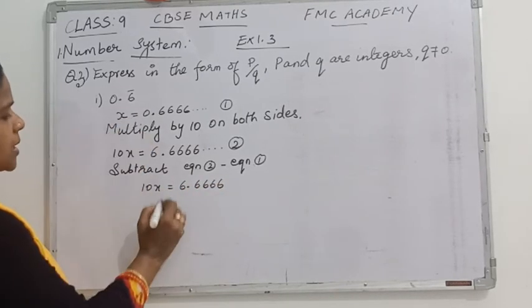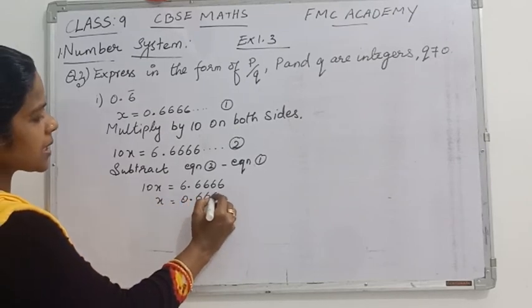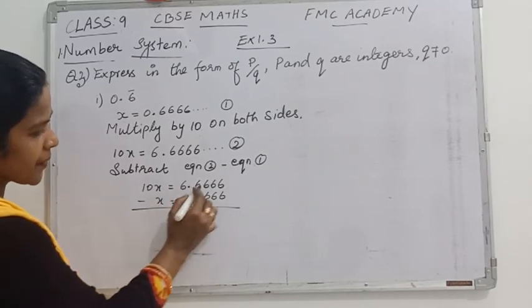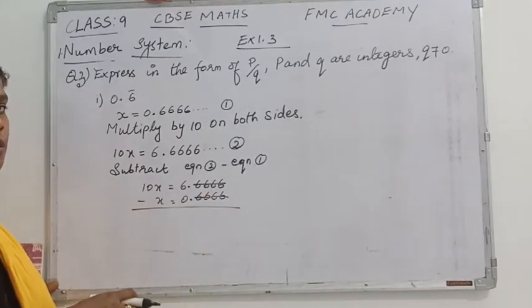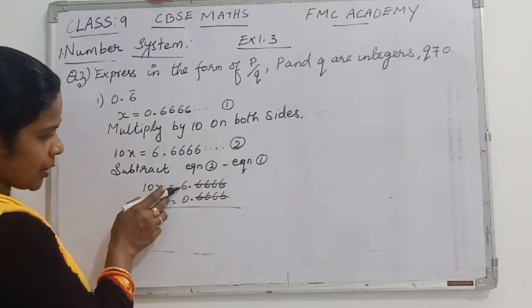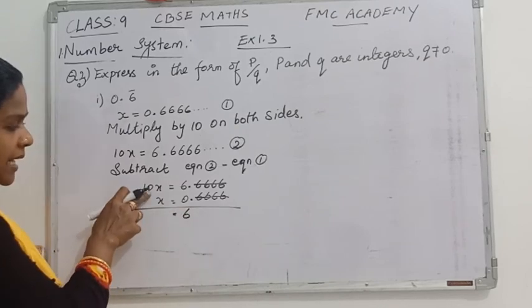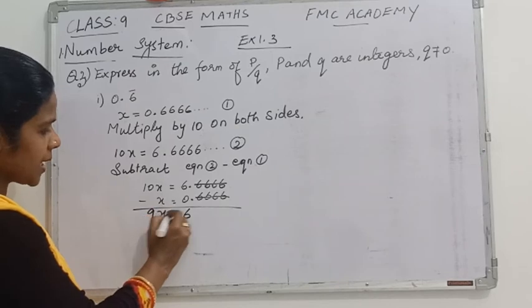Then the first one, x is equal to 0.6666. Subtract it now. What will you get? This 66, this 66, when you subtract, you will get 0, so just cut it. Now here 6 minus 0 you will get 6 only, is equal to 10x minus x, what you will get? 9x. So we will write 9x over here.